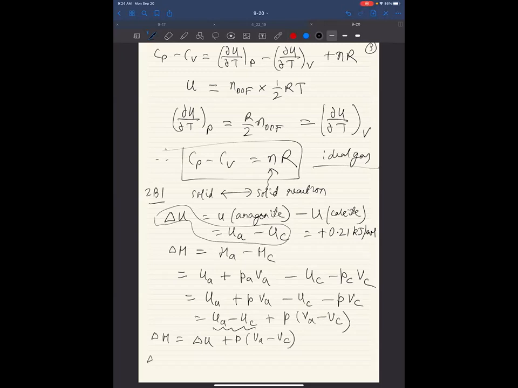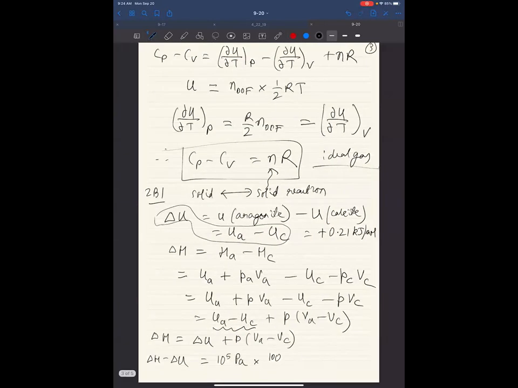So let's think about delta H minus delta U. That's going to be pressure. What is the value of pressure? 1 bar is equal to 10 to the power 5 Pascal. And VA minus VC, and here I'm going to go through it quickly. We have been given the molar weight of calcium carbonate, which is 100 gram per mole, right? Calcium carbonate itself is not changing.